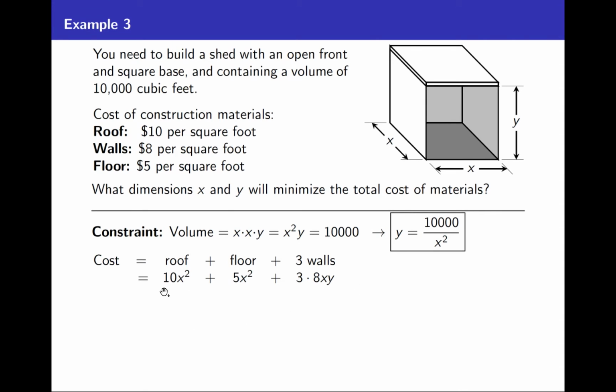So the total cost of construction is 10x squared plus 5x squared plus 3 times 8xy. Collecting like terms, that's 15x squared plus 24xy. So remember, we want to minimize this cost.